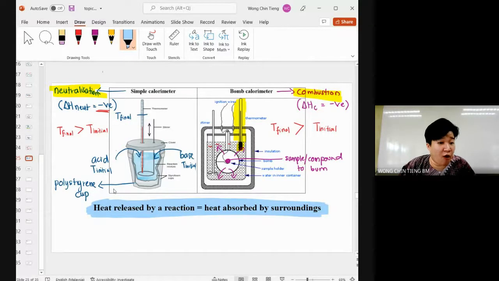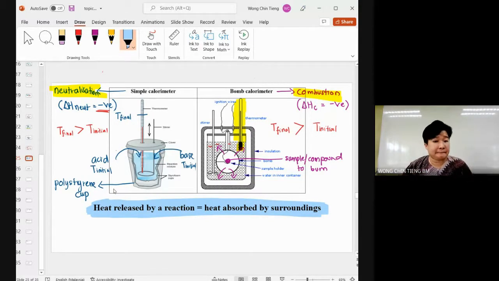We can transform. Betul? We can transform your energy from chemical energy to electrical energy. From electrical energy, we can move to kinetic energy. Sometimes from kinetic energy, we change it to electrical energy. So the only thing we can do is transform the energy, but we cannot make the energy disappear. We can only change it to another form.